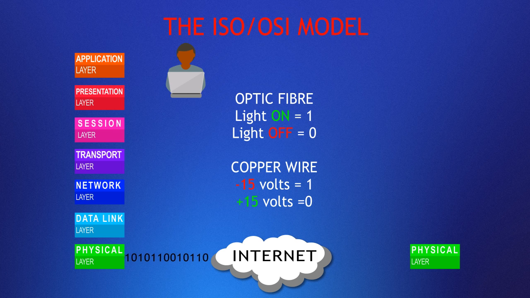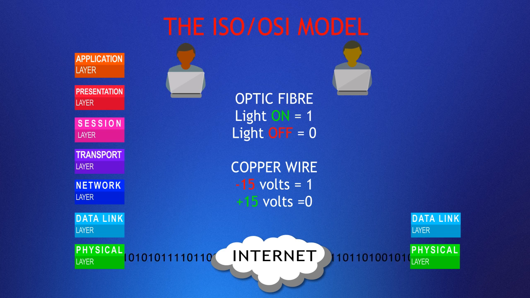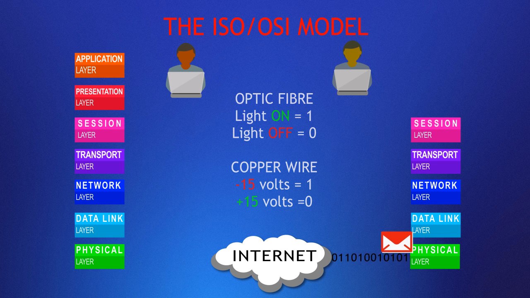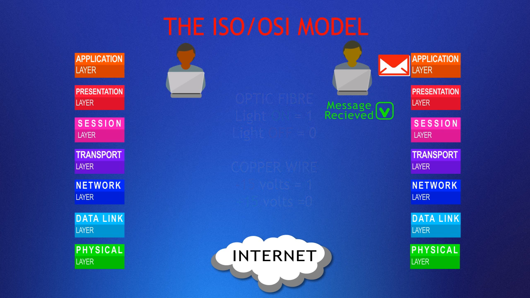If we are using copper wire, the data will be converted into electric energy for transmission. This completes the activities which are done on the sending computer when we are trying to send a message. On the receiving computer, the activities are repeated, but this time they are done in reverse.